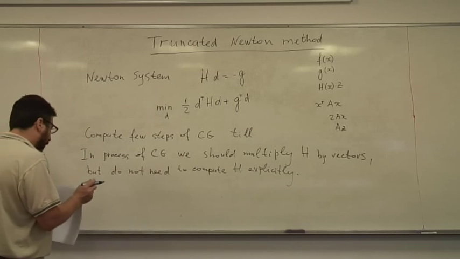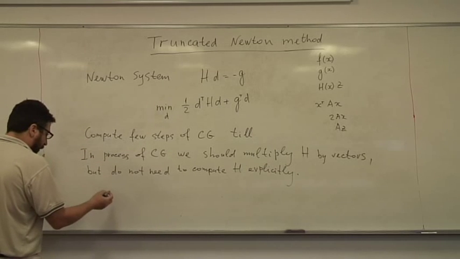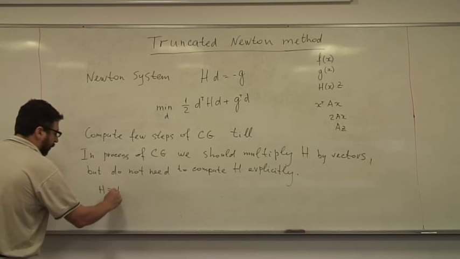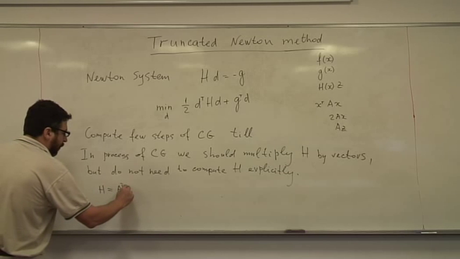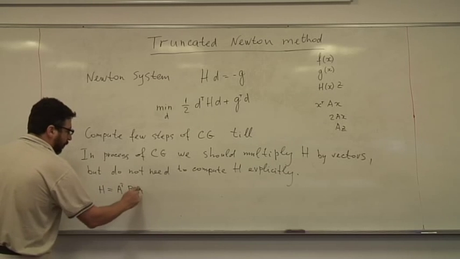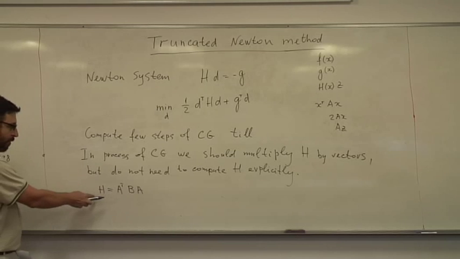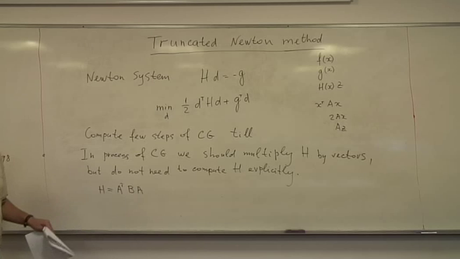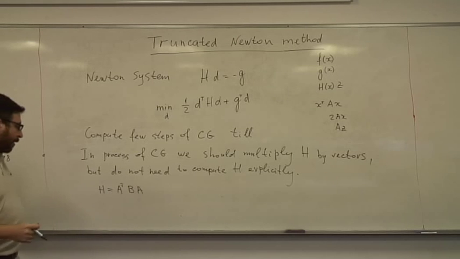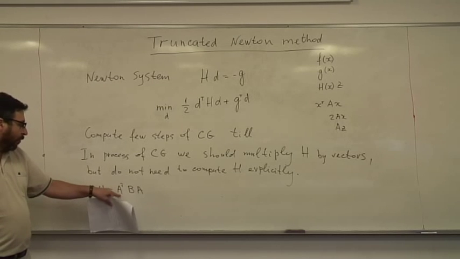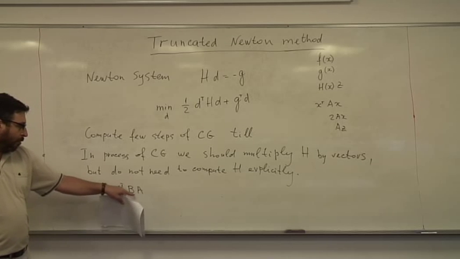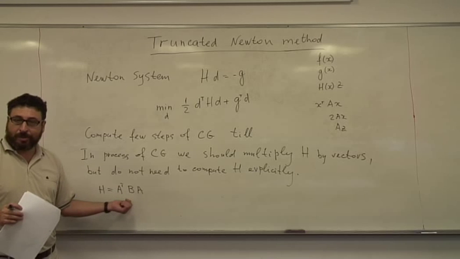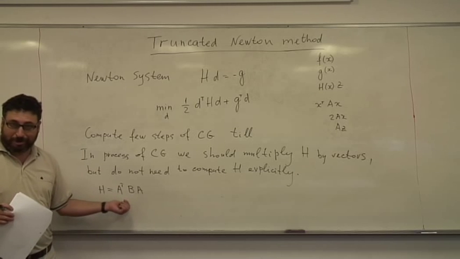Let me give one more example. For example, let H be equal to A transpose B A. H should be symmetric, so B is symmetric and A is a general rectangular matrix. Even if all three matrices are n by n, multiplying two matrices is n cubed operations.